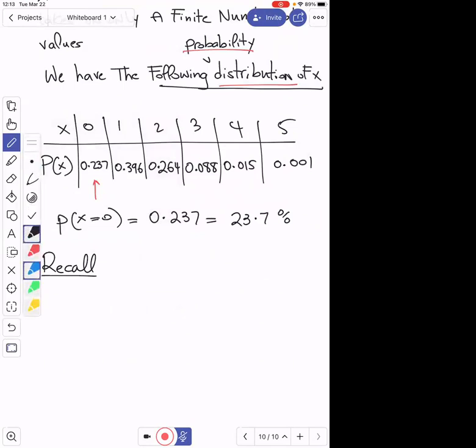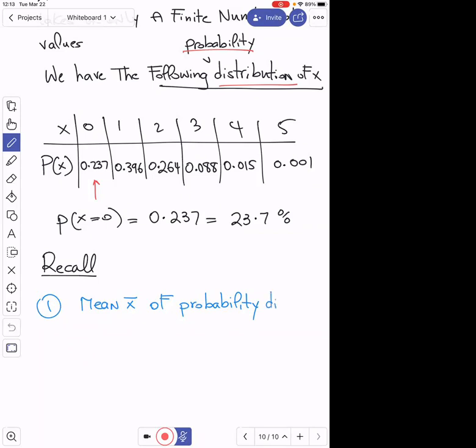So first, we have the mean, x bar, of the probability distribution. We said x bar is a sort of weighted average: x times P of x, the probability distribution. P of x is the weight of each value of x.